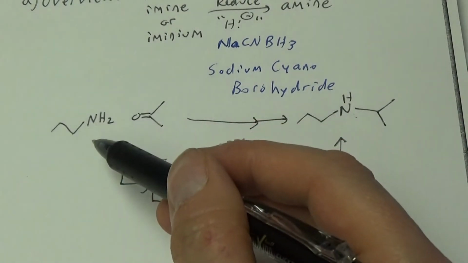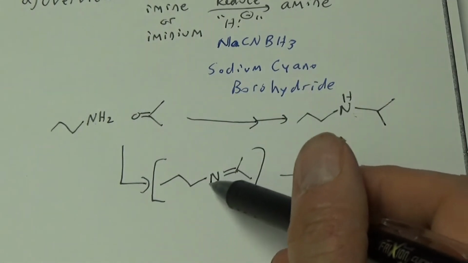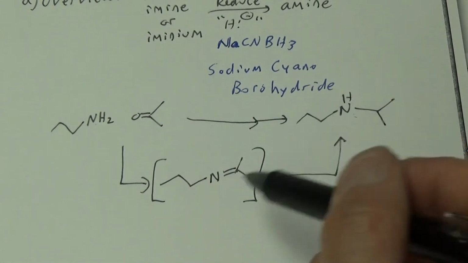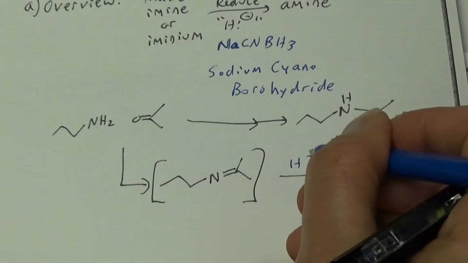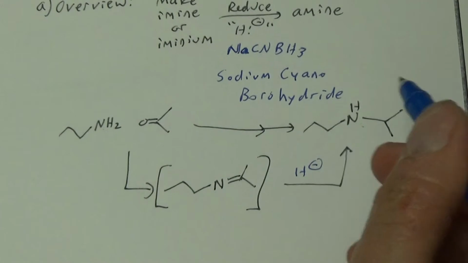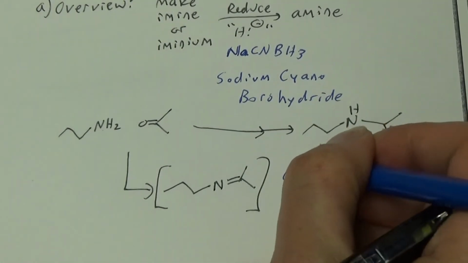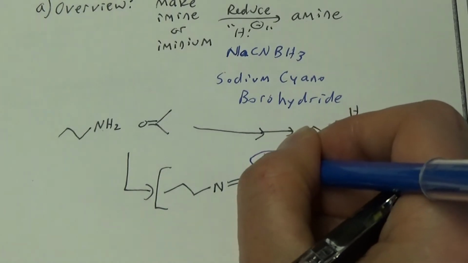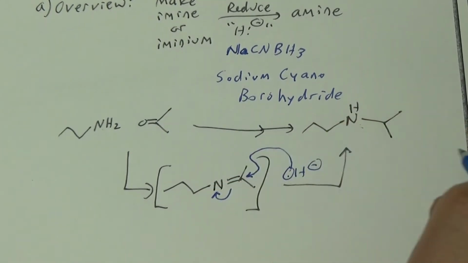Okay, amine plus ketone or aldehyde makes an imine. We'll see iminium ones also in a bit. And then this gets reduced. So essentially what happens is H minus, this stuff's NaCNBH3, essentially just attacks the imine as kind of a reducible functional group.